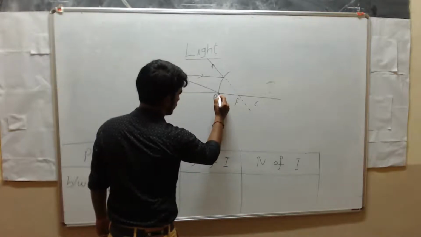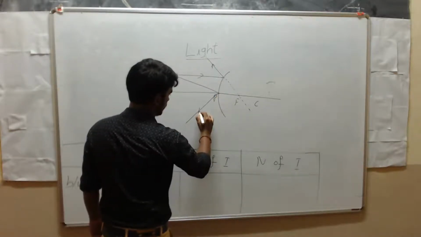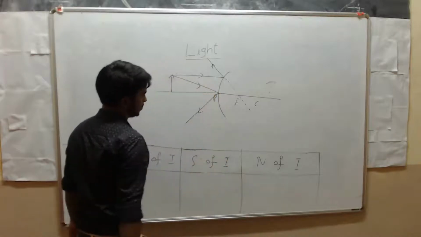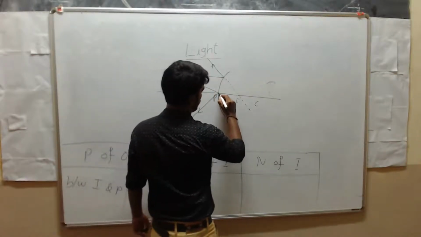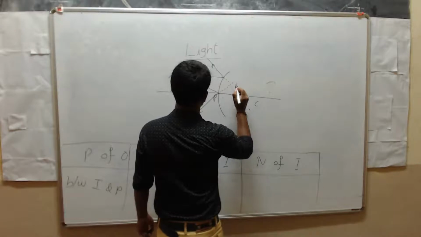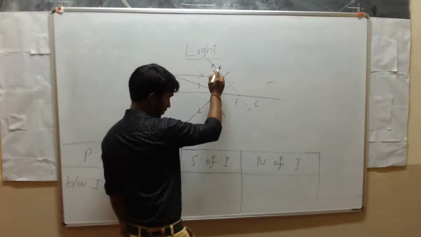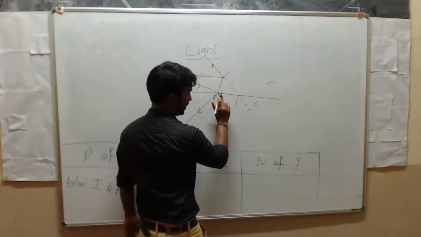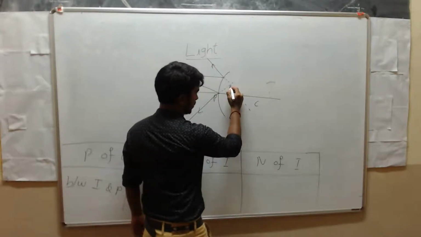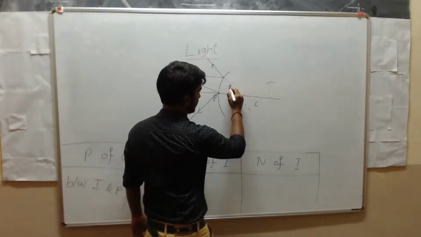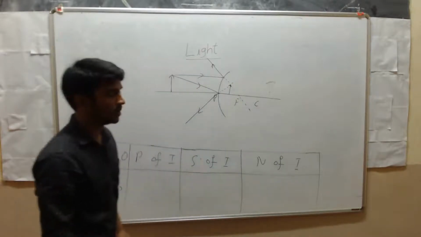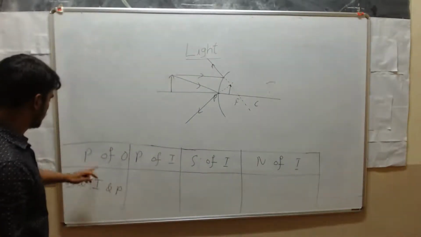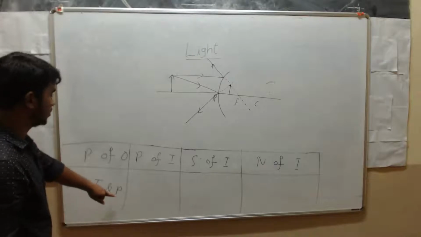After reflection, it reflects in this direction. So now this ray also virtually will move like here. See, now these two reflected rays are virtually meeting between F and P. Okay, so then we get the image here.